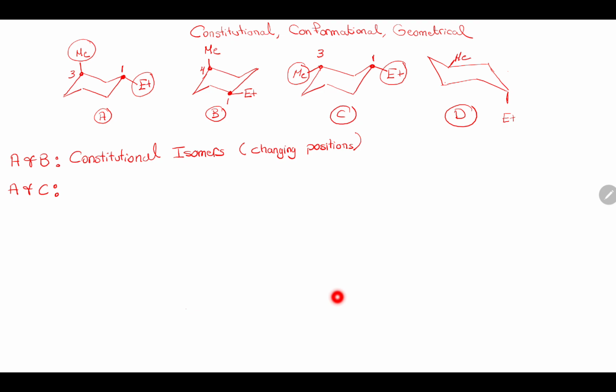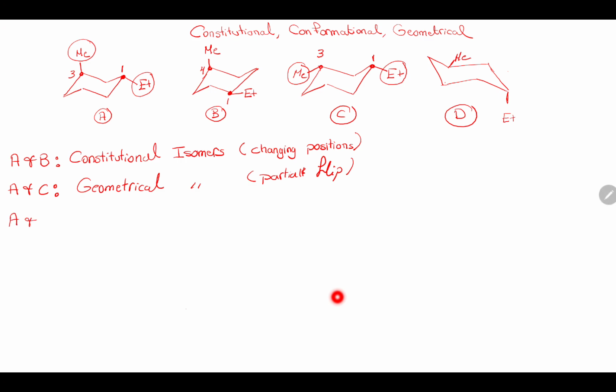So we don't have a complete flip, we have partial flipping of the groups, and whenever you have partial flipping, then those are called geometrical isomers. Why? Because we partially flipped the different groups. So we flipped one of them, which is the methyl group, but not the ethyl group.